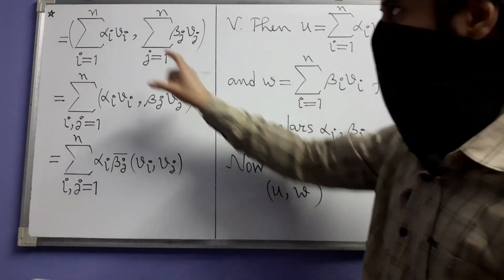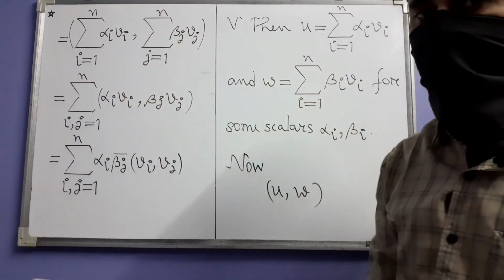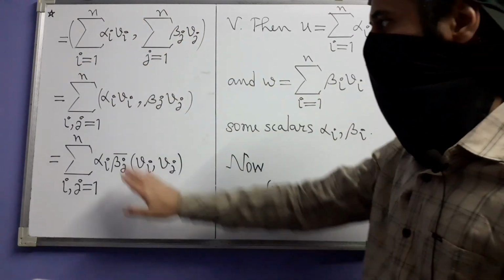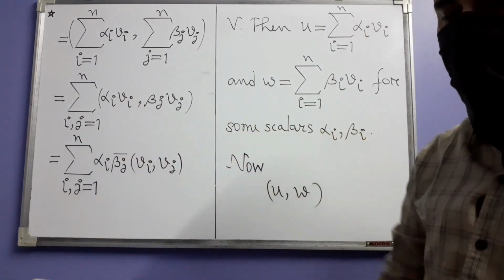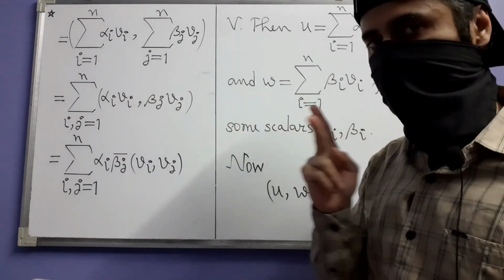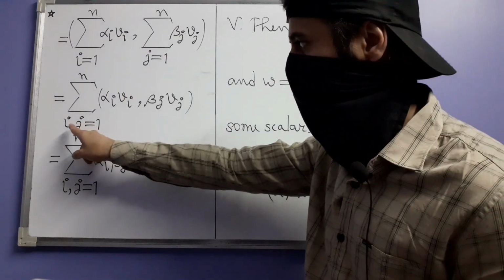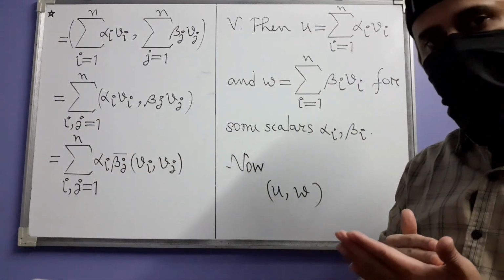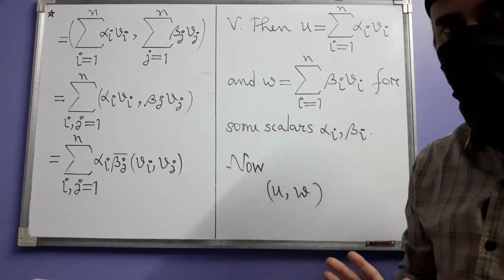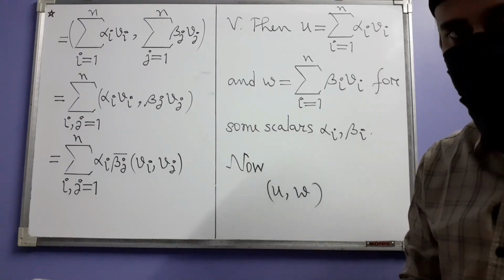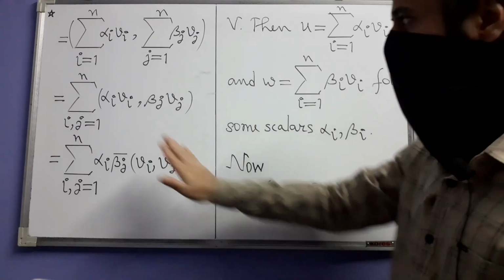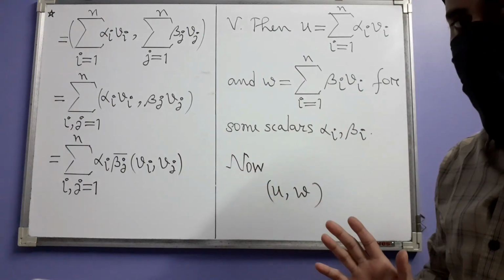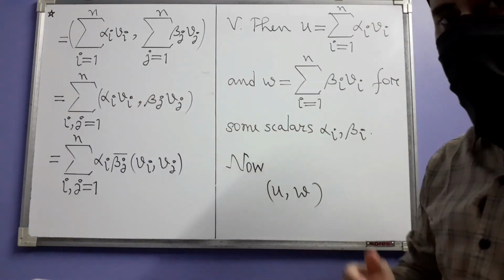I should have really written this one followed by this one. But this is a compact notation, you just have to understand what it means. Actually we have two sums, where i and j are both varying from 1 to n independent of each other. They are not influencing each other when they are varying. So all possible i and j's come together and give us these terms, and we have this sum.